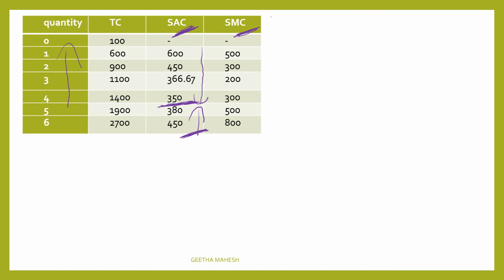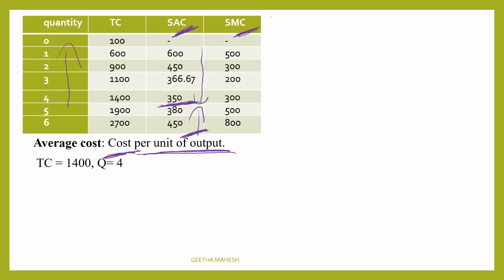What is short run average cost? It means total cost per unit of output. How will you calculate total cost per unit? To produce 4 units of output, the total cost incurred is 1400. So what is the formula to calculate average cost? Total cost divided by quantity.